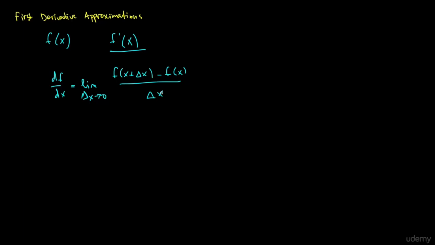So that's our formal definition. Now we can actually try using this formula to get different approximations of first derivatives. And there are actually different approaches to how we can go about it. So the first approach that we're going to take is called the forward difference.